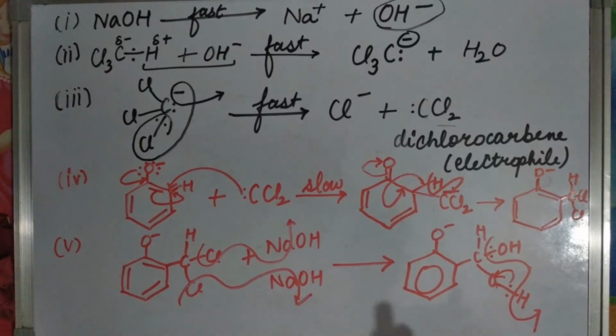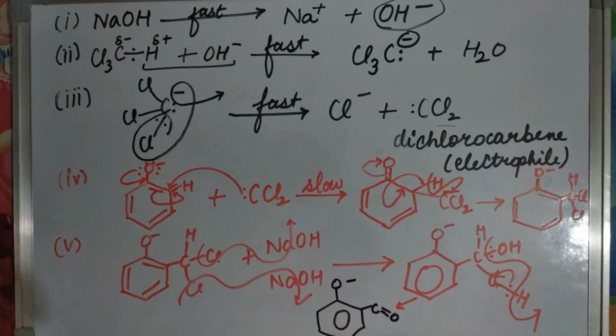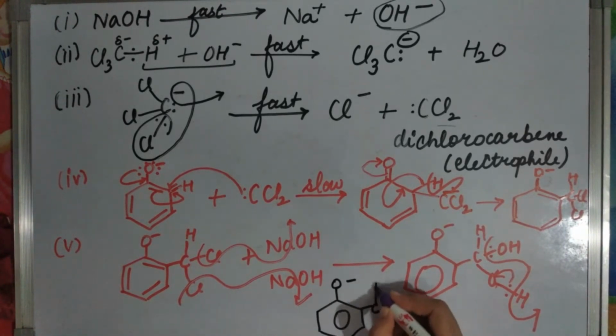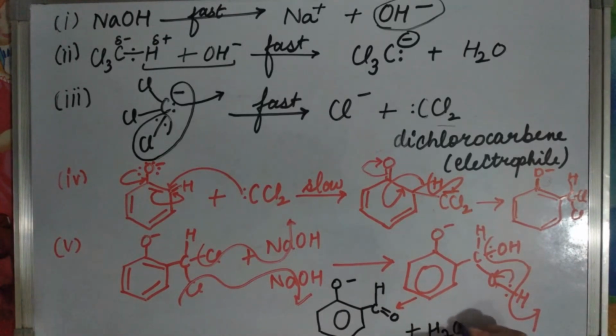So the end product will be, let me draw it here, it will be salicylaldehyde. O negative as it is. This will be carbon. This carbon here, this oxygen getting the lone pair, so it will make a double bond with carbon, and this hydrogen plus water which we have removed from here.